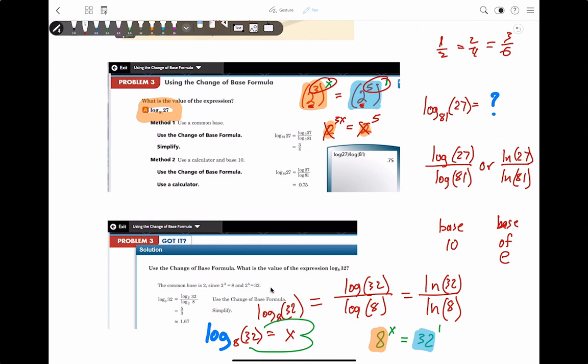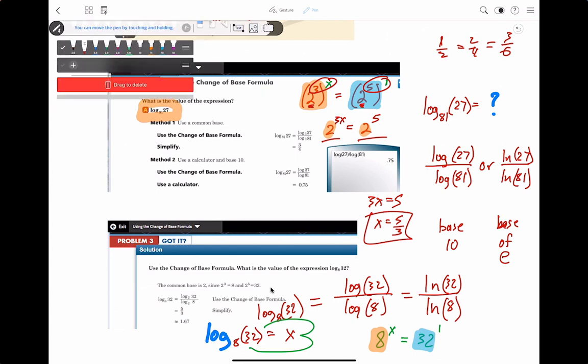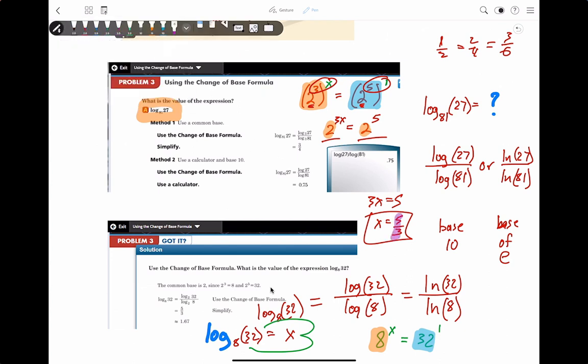The left side will equal the right side if the powers are the same, because the bases are already the same. I made them the same. So 3x is equal to 5. x would be 5/3. So x is 5/3, which means this whole thing must equal 5/3.